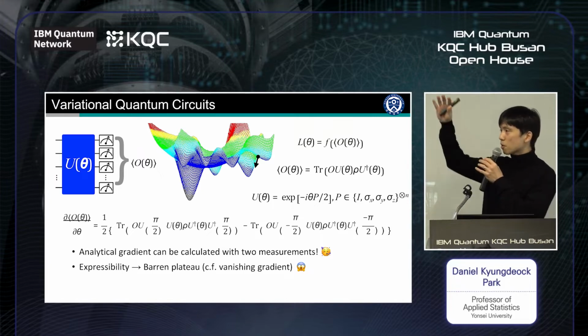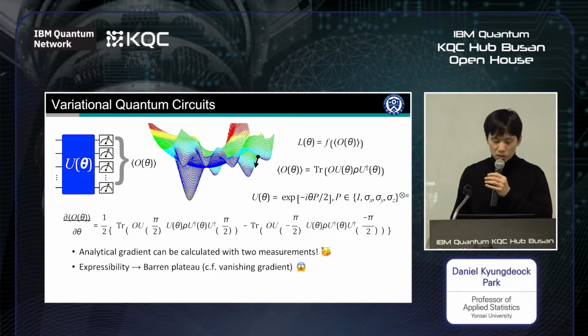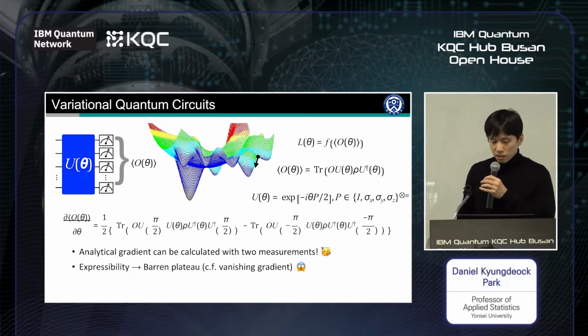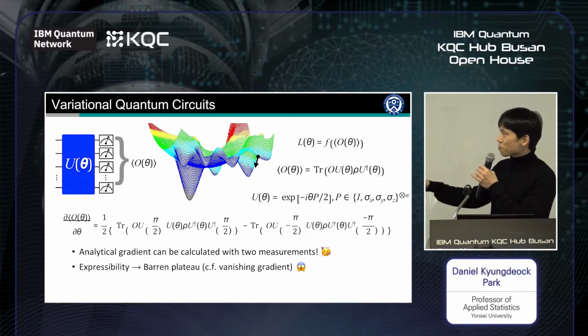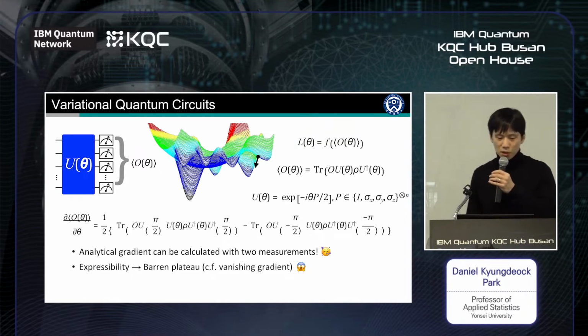So we want to cover as much of the Hilbert space as possible. So expressibility is quite important in this context. But it is theoretically shown, in fact, it is theoretically shown by those people who first suggested this variational quantum circuit.